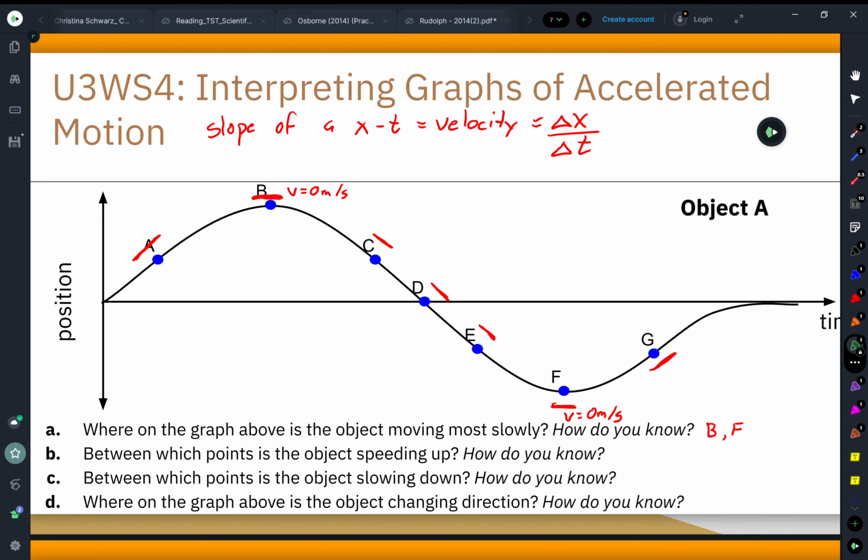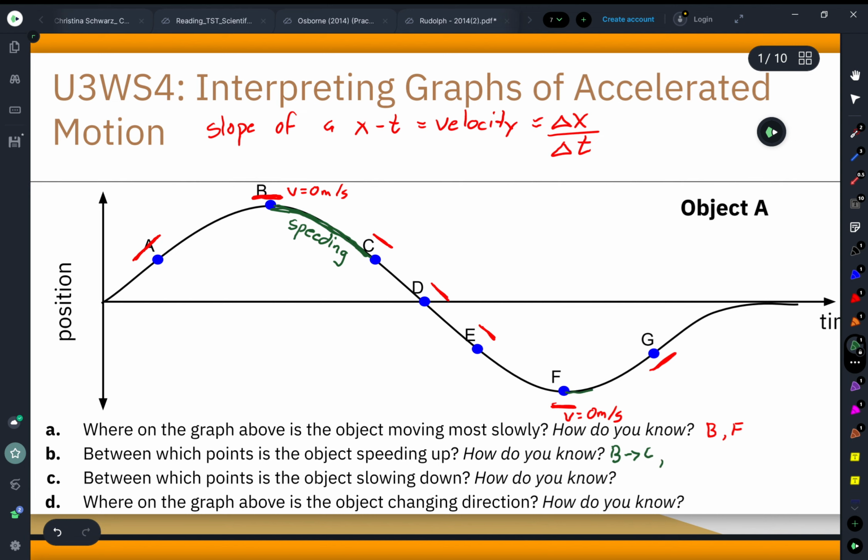At B, it's going to have a flat line, so it's not going to be speeding up there because it goes from moving to not moving. However, at B, it's not moving. At C, it is moving. So this region of the graph, B to C, is where it's speeding up because it goes from not moving at B to moving at C. So B to C is one region where it is speeding up.